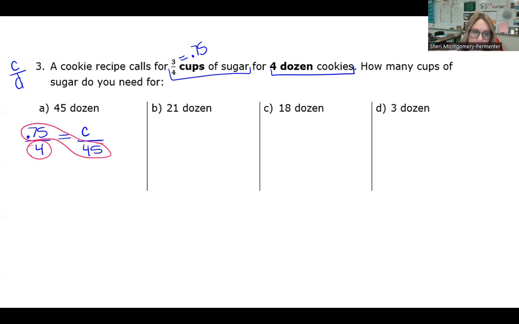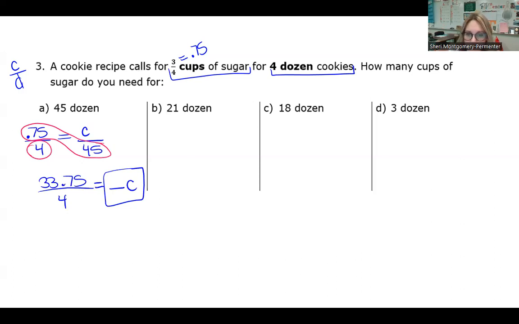So you get 33.75. We're going to divide that by 4, and that's going to give us the amount of cups of sugar. And for all these problems in this section, you can round to 2 decimal places.